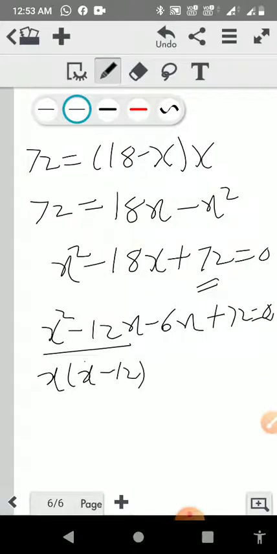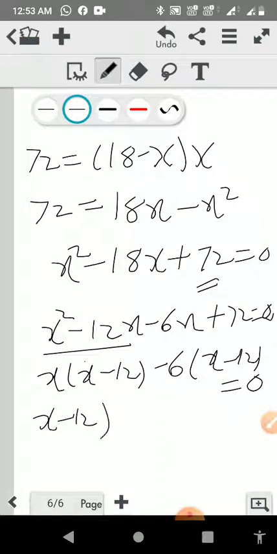From the other part, if I take minus 6 as the common part, then I will get x minus 12 which is equal to 0. Then I can write in the first bracket x minus 12, in the second bracket x minus 6 equal to 0, isn't it?